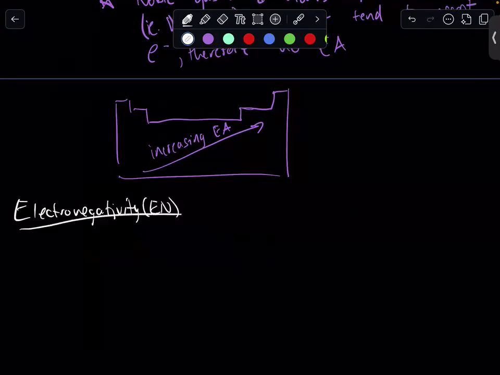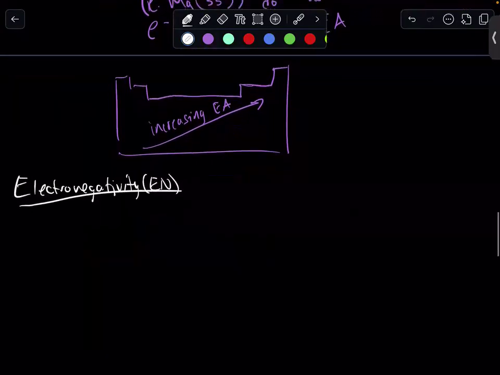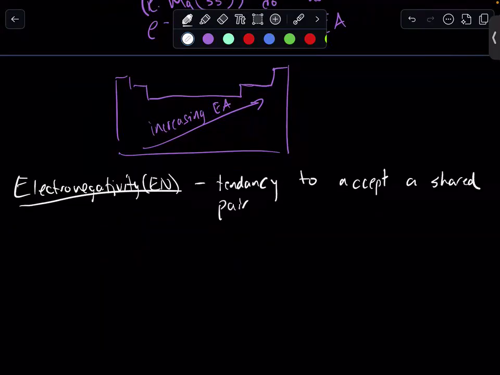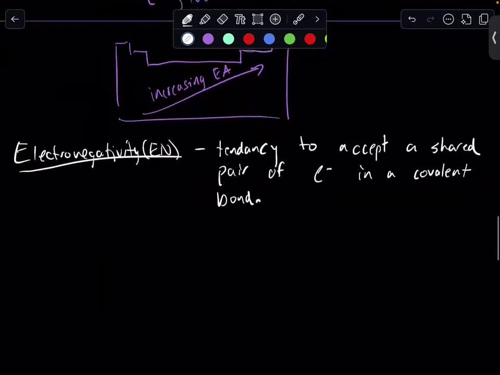And electronegativity is the only one where we're not talking about a mole of something, but this is just generally the tendency to accept a shared pair of electrons in a covalent bond. Now, we haven't discussed covalent bonds yet, but you probably already have a little bit of background on them.